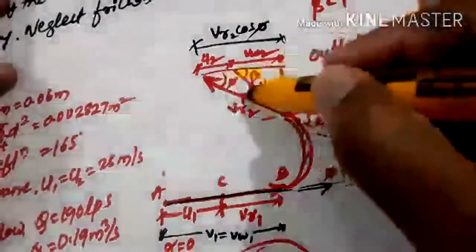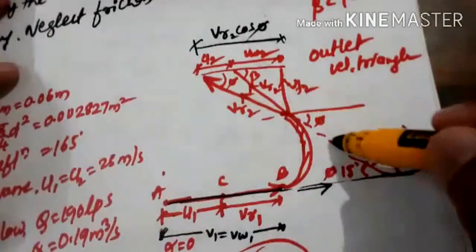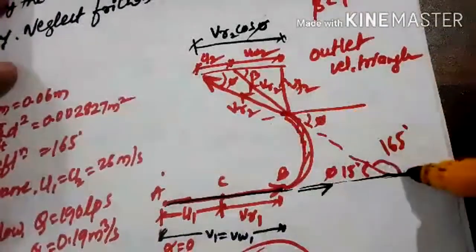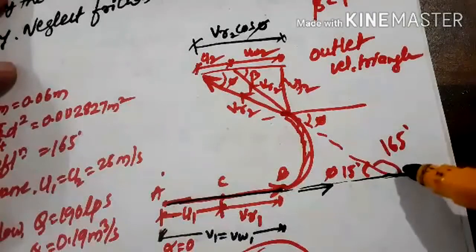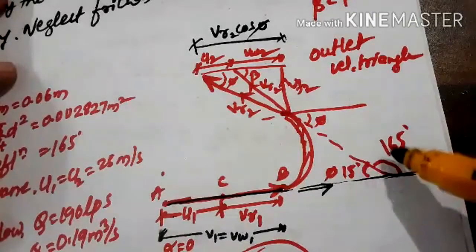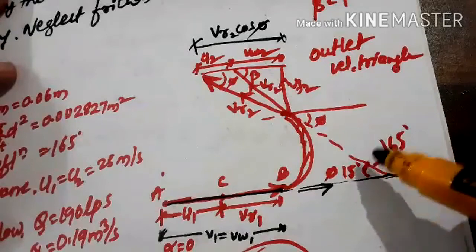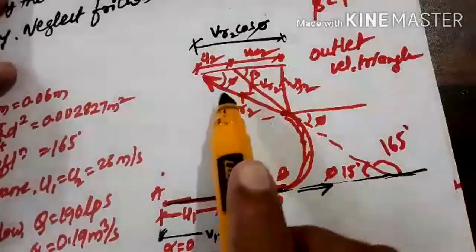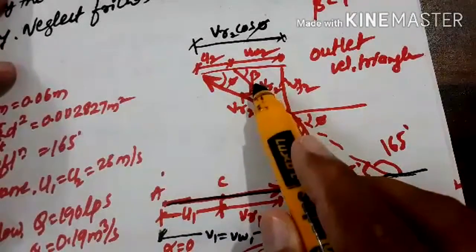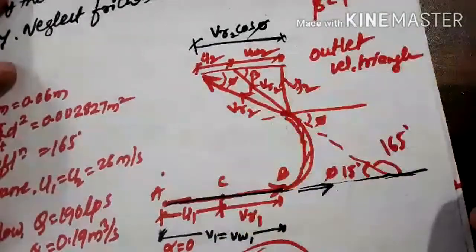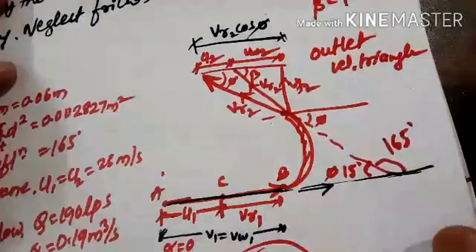When you draw VR2 and project the tangent to the horizontal line, you get this deflection angle. So 180 minus 165 gives 15 degree. Then you draw VR2 again and get beta. Beta is less than 90 degree, hence the equation will be VW1 plus VW2.